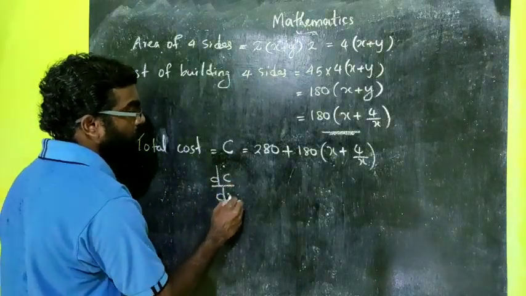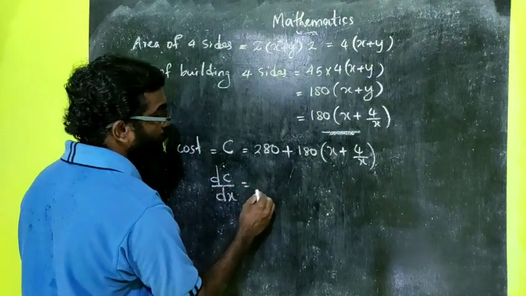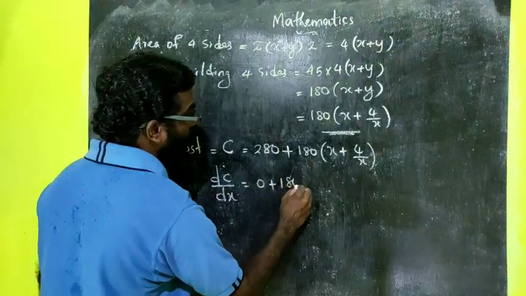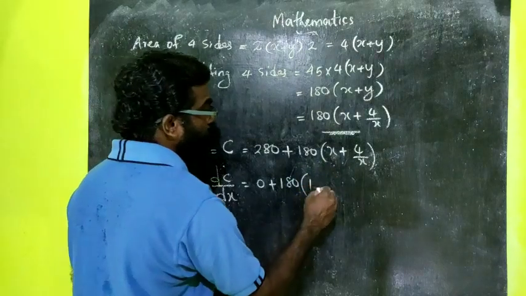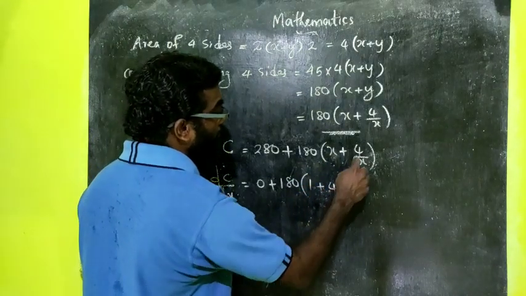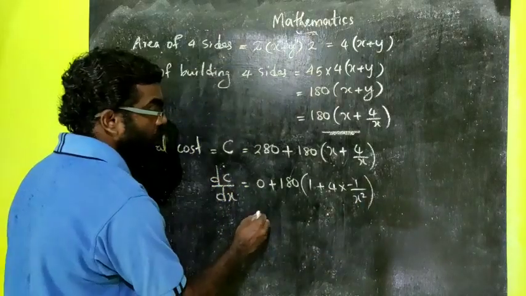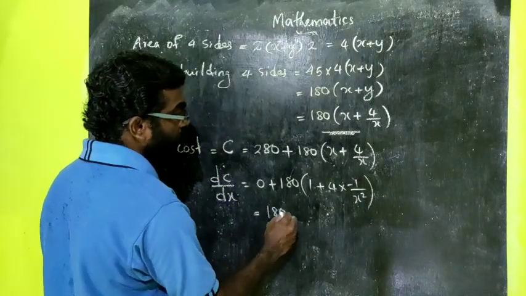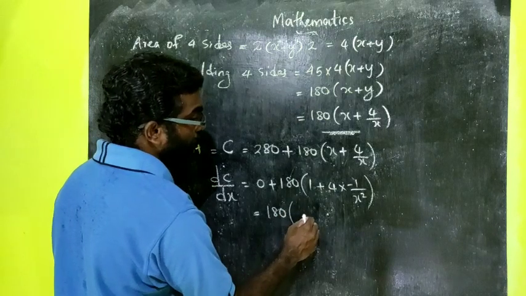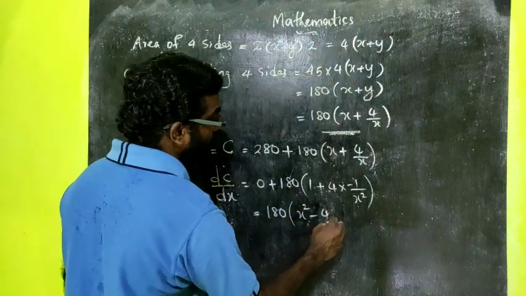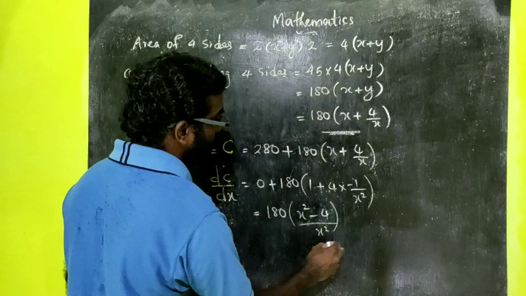Now we can take the derivative with respect to x. dC by dx is equal to 280 is a constant, derivative 0, plus 180 into derivative of x is 1, then 4 into derivative of 1 by x is minus 1 by x square. That we can write as 180 into (x square minus 4) divided by x square.